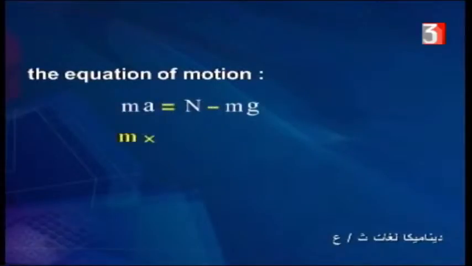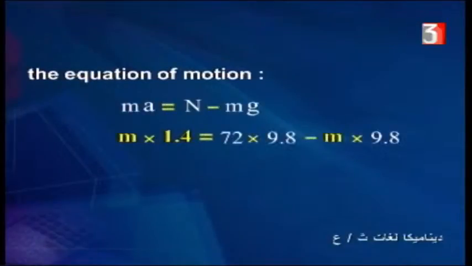The mass m times the acceleration 1.4 meter per second square equals N, the pressure, which is 72 kilogram weight times 9.8, then 72 times 9.8 in Newton unit, minus m multiplied by gravity g, which equals 9.8 meter per second squared.